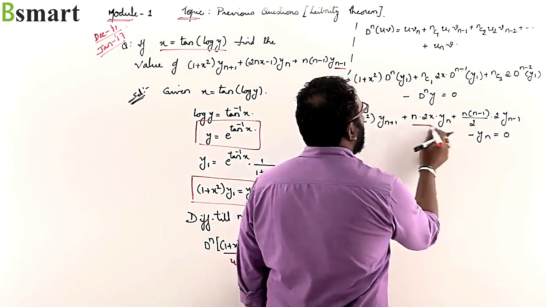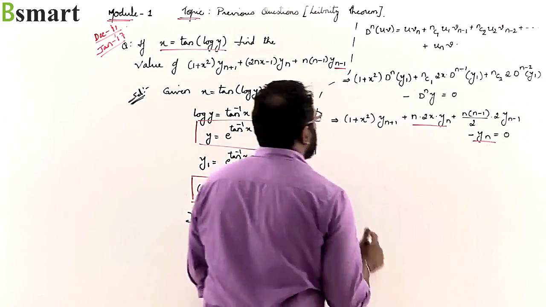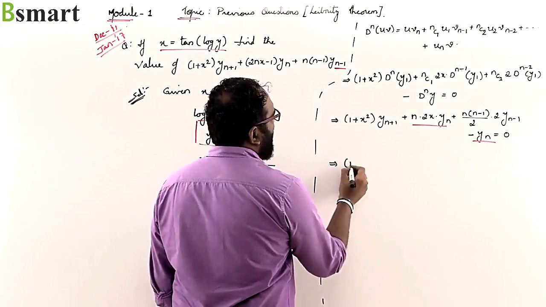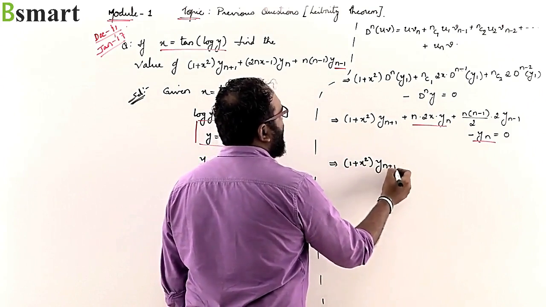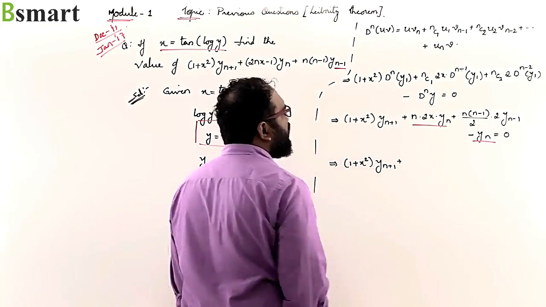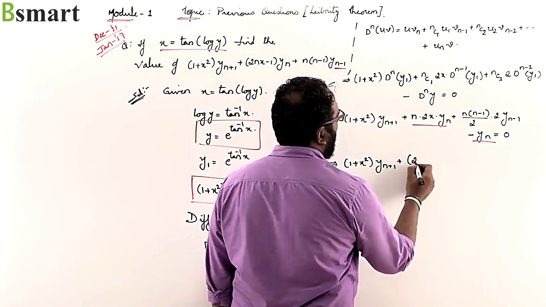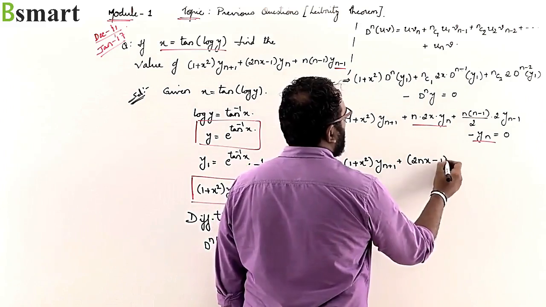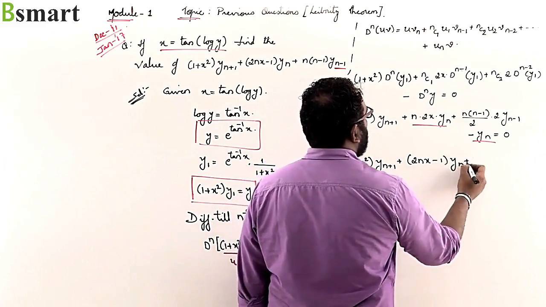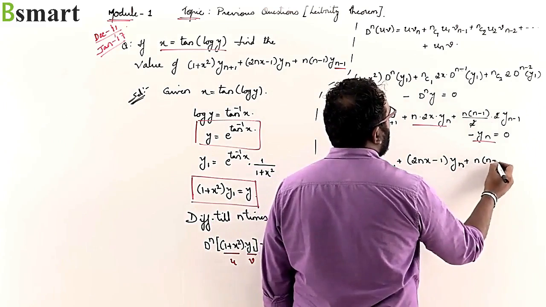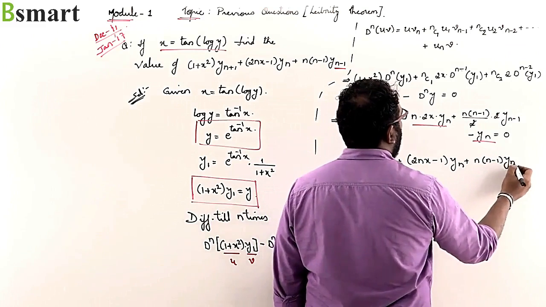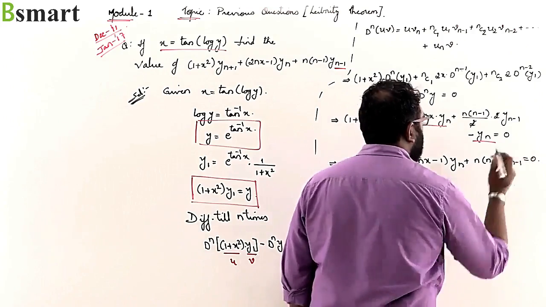Now I'll take out yn common. Then that will be 1 plus x square into yn plus 1, plus, if we take out yn common, 2nx minus 1 into yn, plus the 2 and 2 will get cancelled, that is n into n minus 1 into yn minus 1, is equal to 0.